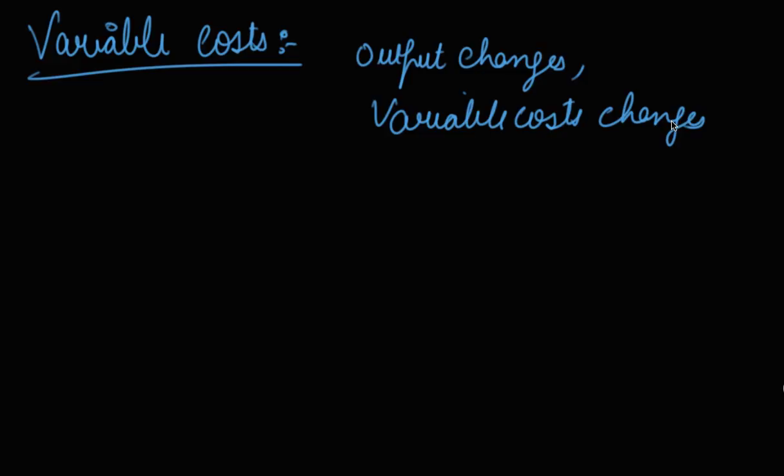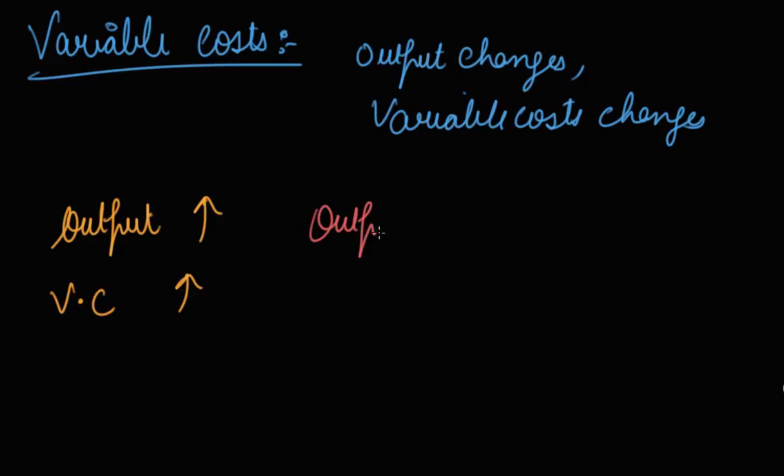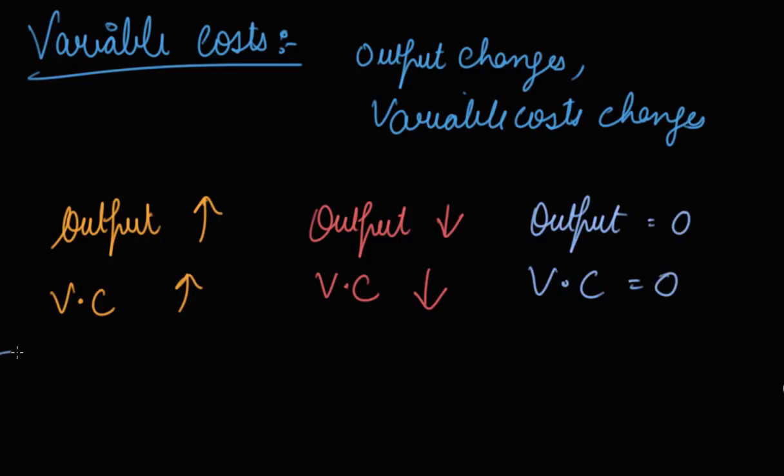So, when output changes, these costs also change. As the output increases, these costs will increase. If your output has increased, your variable cost will also increase. If your output has decreased, your variable cost will also decrease. And if your output is 0, your variable cost will also be 0.